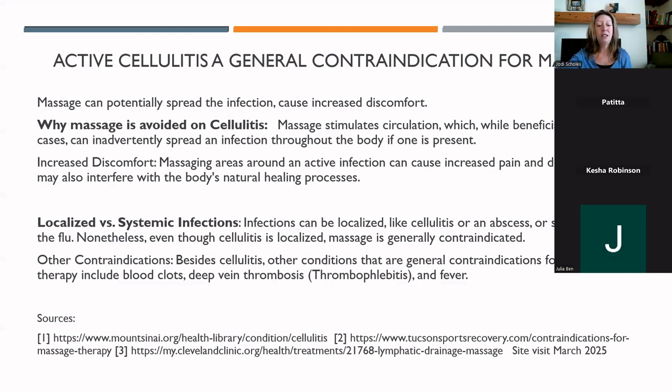I wanted to take this moment to also talk about local versus general contraindications. Even though cellulitis is localized, like in the leg, like an abscess or a blister, and we wouldn't work directly on it, it is still a general contraindication because it has the ability to move through the body. It's systemic, like the flu, like a fever.